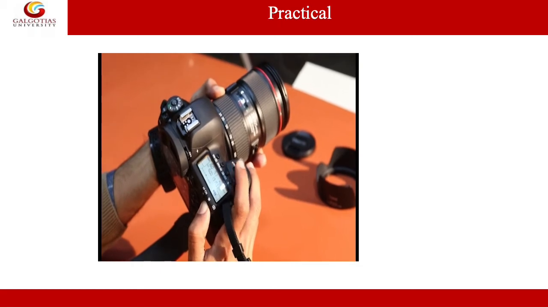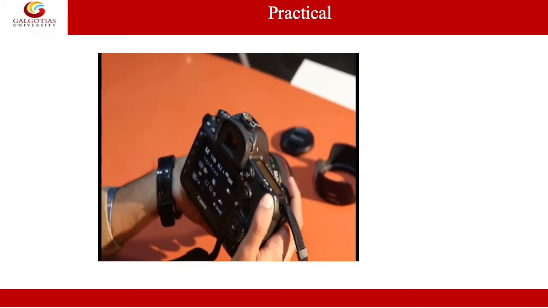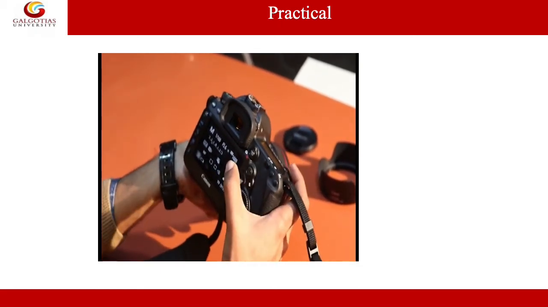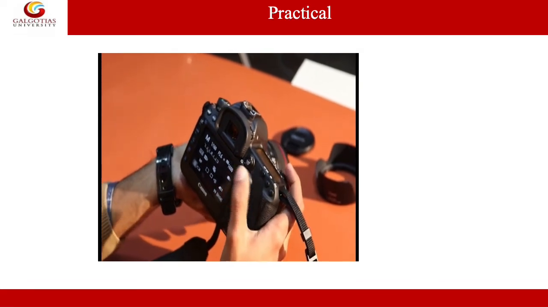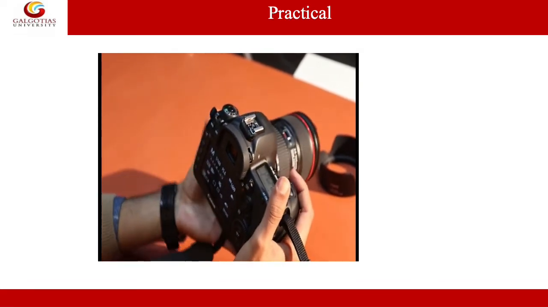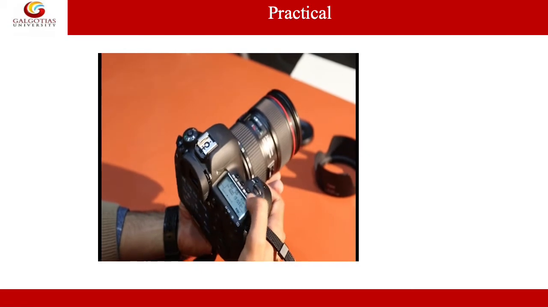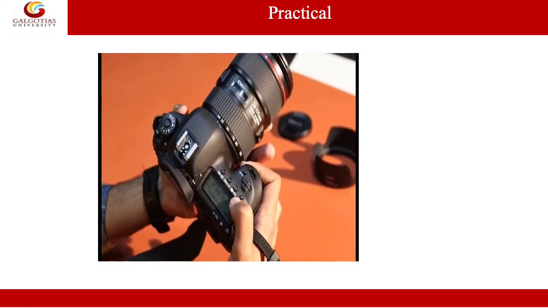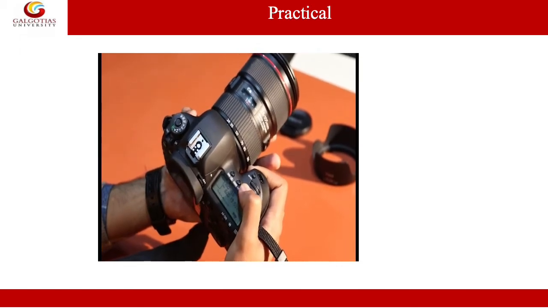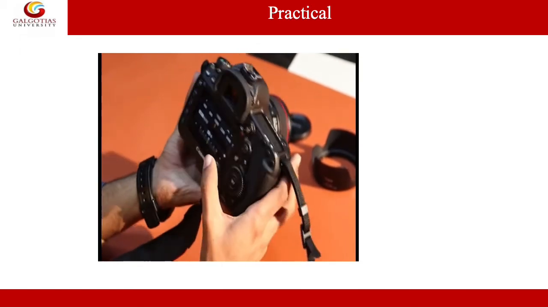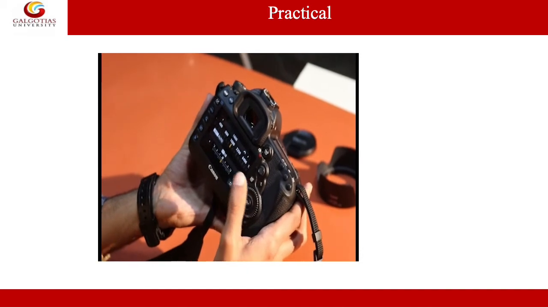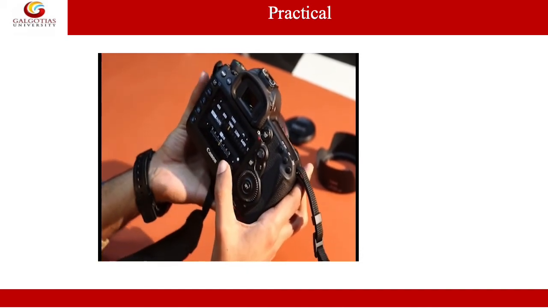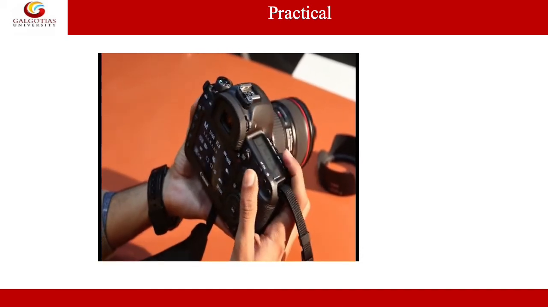The third thing after the aperture and shutter speed is the ISO. In order to change the ISO, we have this separate individual button. Here we have this ISO labeling. We need to press this button. A different menu will pop up on your screen.